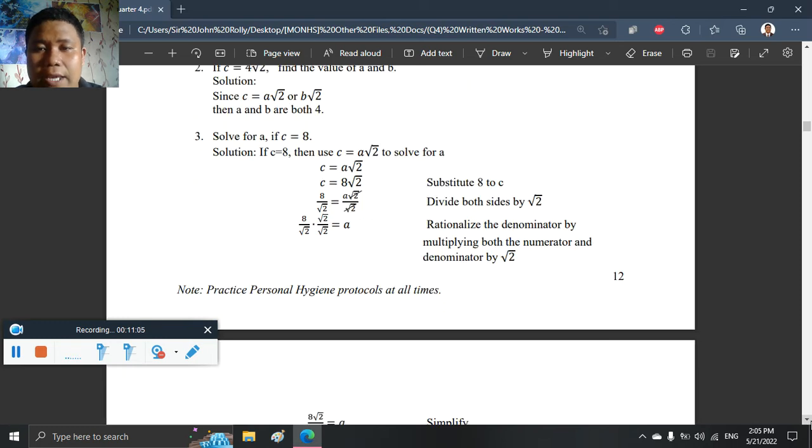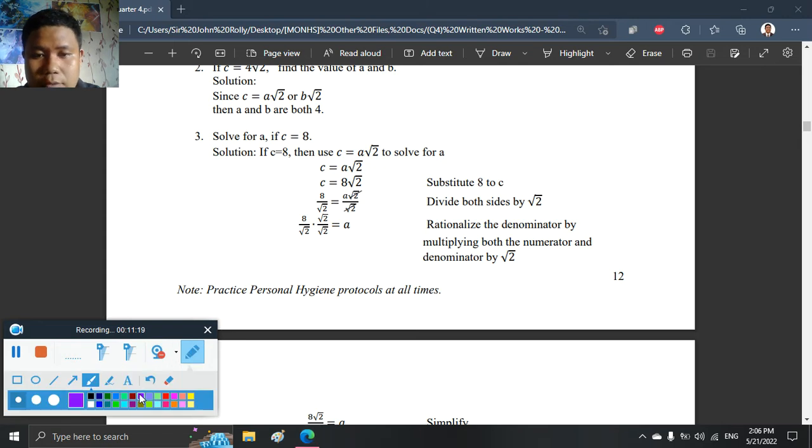Solve for A if C equals 8. So, A na po ang gipangita. So, ang gipangita is ang leg. Okay? So, draw gyapon ta para maka sunod mo.